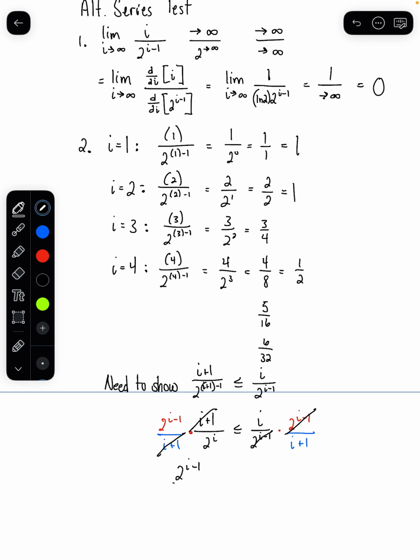And we have here 2 to the I minus 1 over 2 to the I less than or equal to I over I plus 1.